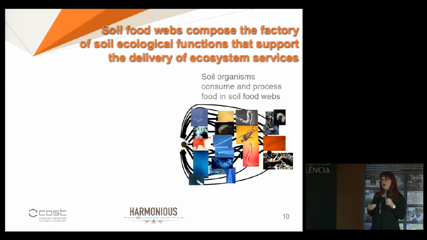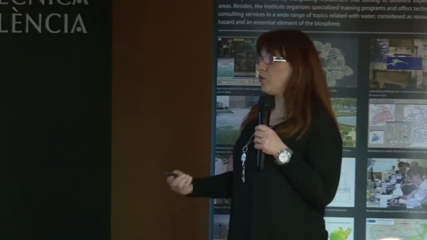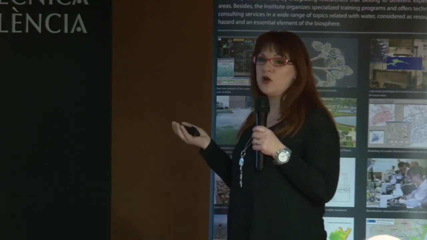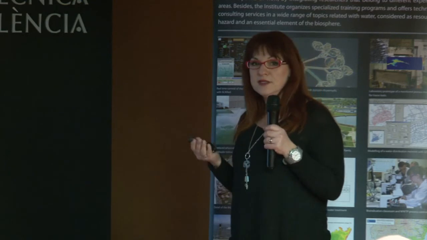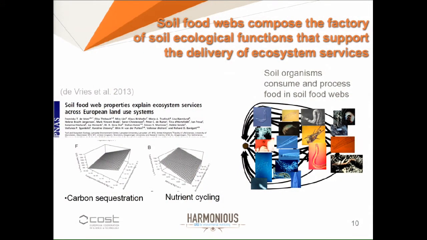So the decomposition is the main ecological process in soil, and organisms are organized in complex food webs, where they process food. It was known that they significantly contribute to soil functions, but only recently De Vries and collaborators showed and proved that properties of soil organisms, the characteristics of these food webs, explain significant ecosystem functions, like ecosystem services, like carbon sequestration and nutrient cycling.